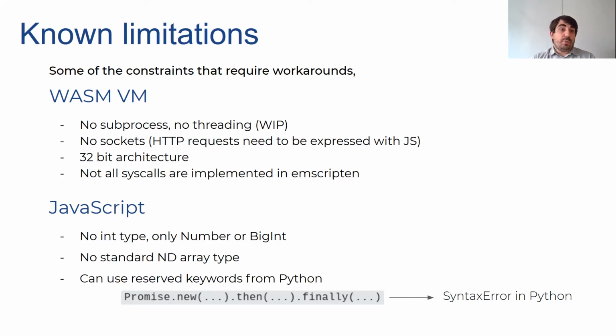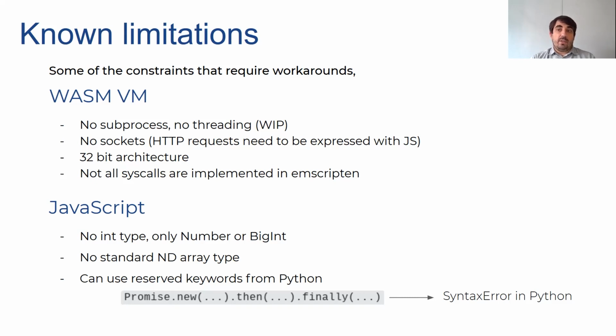It's also a 32-bit architecture, while I think right now most Python packages in the scientific community optimize more for 64-bit. And then not all system calls are implemented. So in some edge cases you can end up with a system call, for instance interaction with the file system or interaction with the kernel in some other way, that's just not implemented and not doing what it should be doing. It's fairly rare, but it happens.